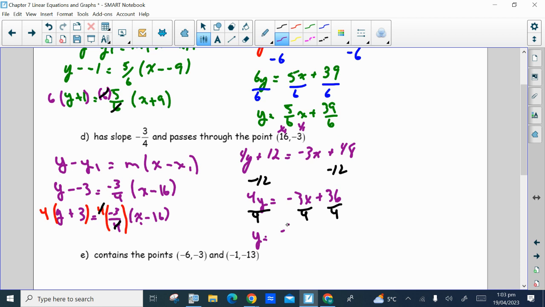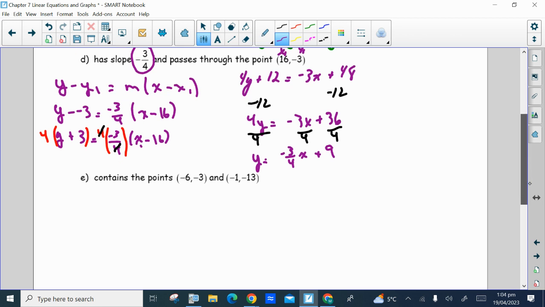So y equals negative 3 over 4x plus 9. Now it's in slope-intercept form, which remember tells us the slope is negative 3/4, which matches what we have above there. It also tells us the y-intercept. Y-intercept is 9. That's where the graph crosses the y-axis, the point 0, 9.